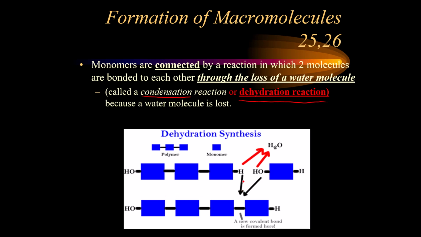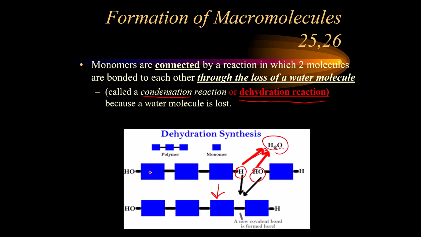At the end of these molecules, we have an H and an OH. When they come together and snap together, so to speak, we'll do a little demo cutout thing. They will be removed, and you will be taking out water and putting them together.